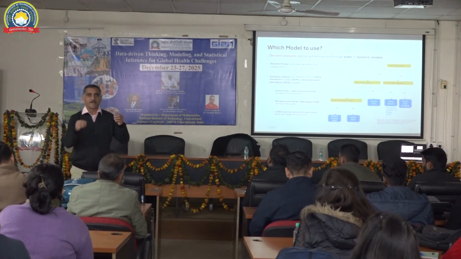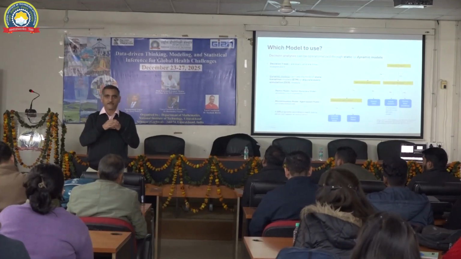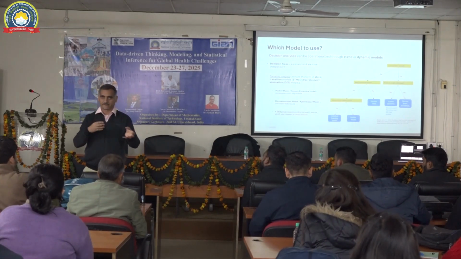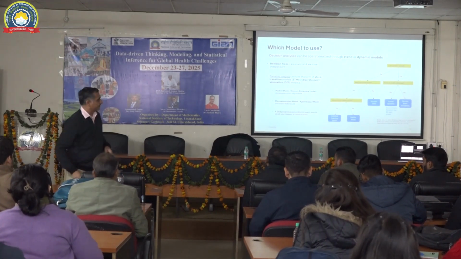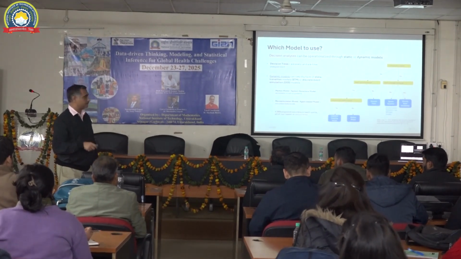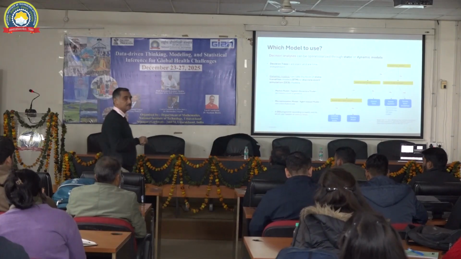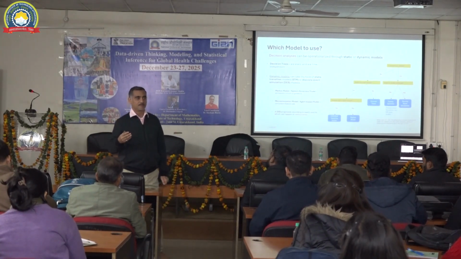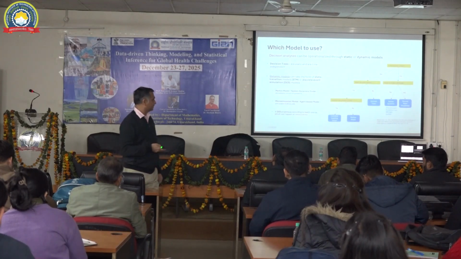Why? Because interaction is not important there, right? People get the disease due to social factors, genetic factors, not by interaction. That's where the Markov model comes in. Individual sampling model is another type of model. So this tree helps you decide which model you will use in your work.